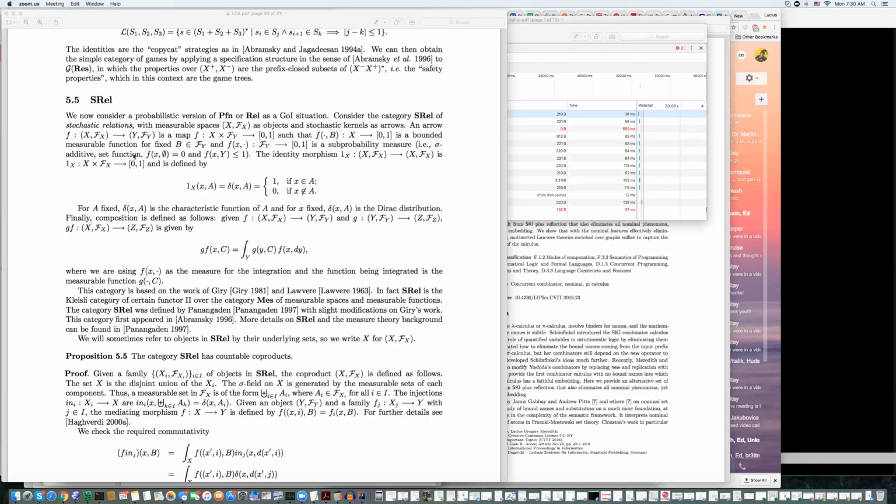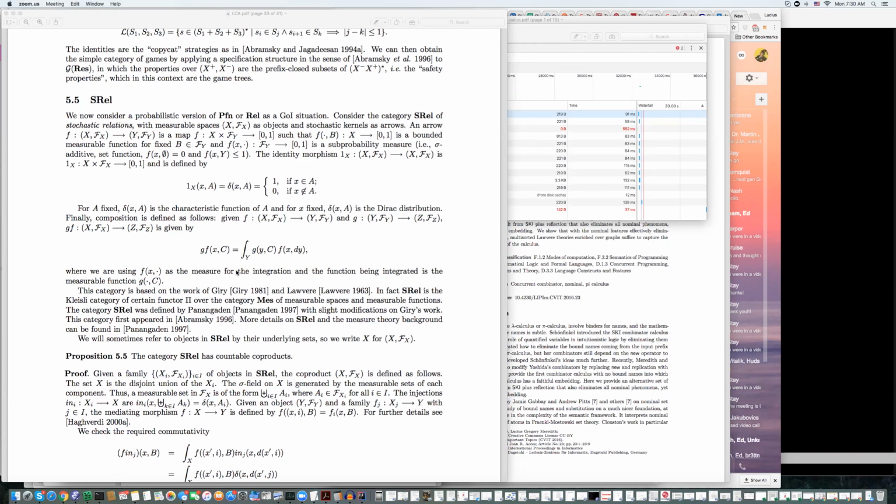So it satisfies that it's a sigma-additive set function with f of x of the empty set equals 0 and f of x of y less than or equal to 1. And then essentially you build the identity morphisms out of the Dirac distributions. So that's what this is saying.